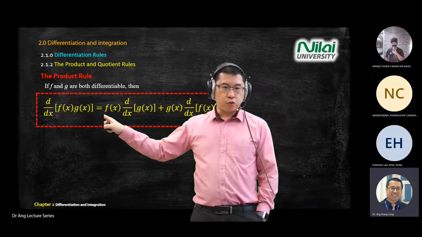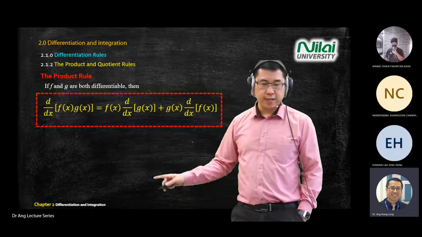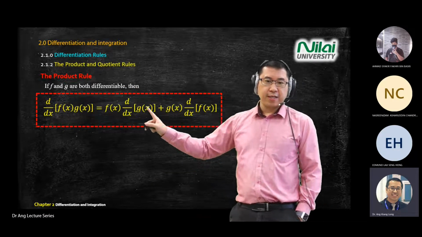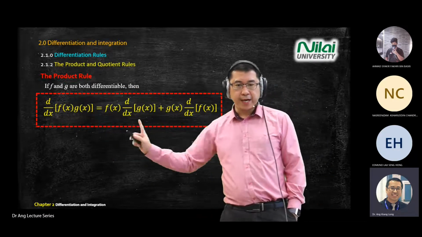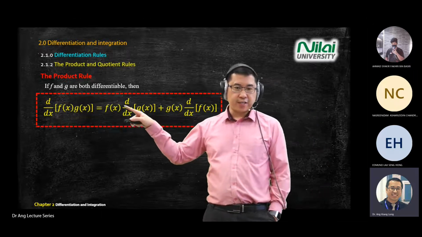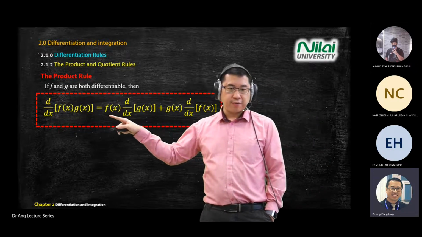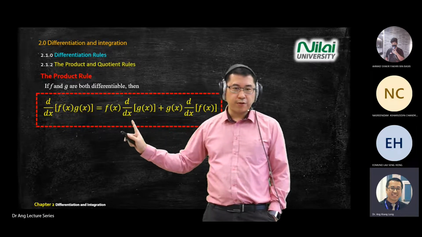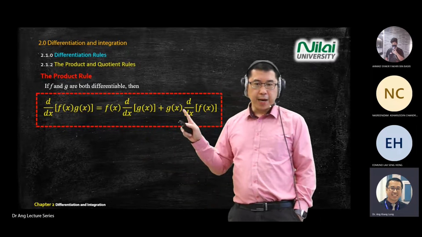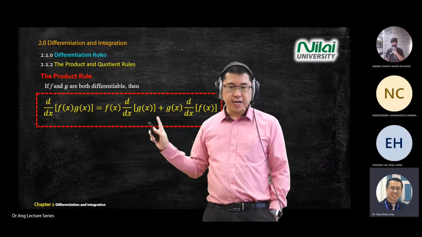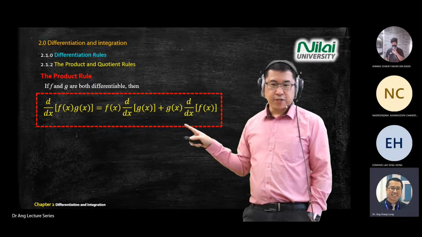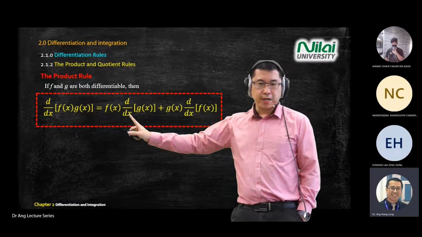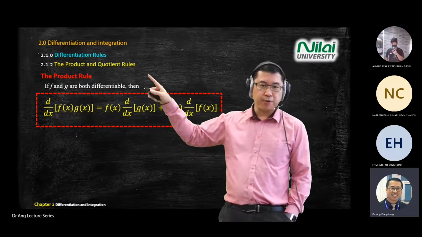So if we have two functions that multiply together, the procedure is to break into two parts again. First, you take the first function, f(x), then you differentiate the second part, plus the second function, g(x), and you differentiate the first part. You break into two operations when you have a multiplication.